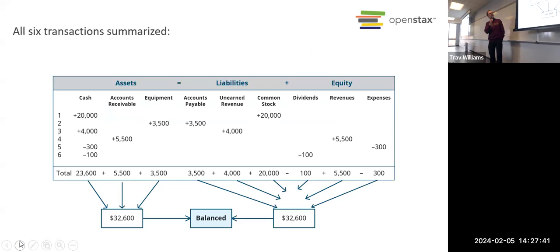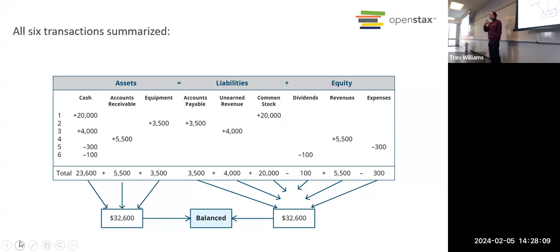Okay, these are all of those transactions listed out. So there was the stock that the company issued and all of the other transactions, right? If we take all of the different cash transactions, so we had 20,000 coming in, another 4,000 coming in, and then 300 and 100 going out.